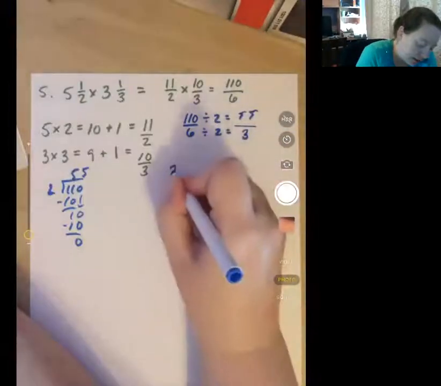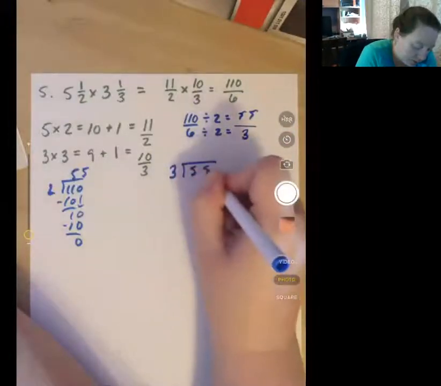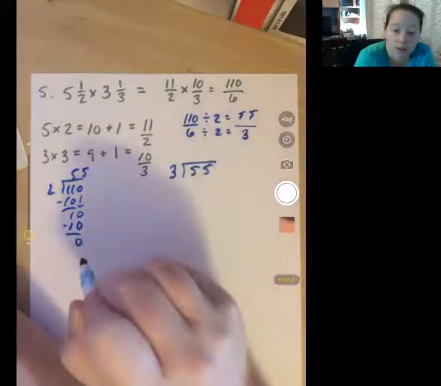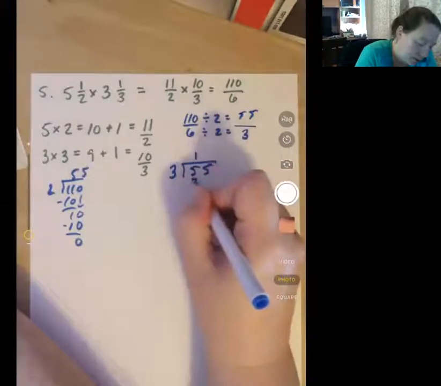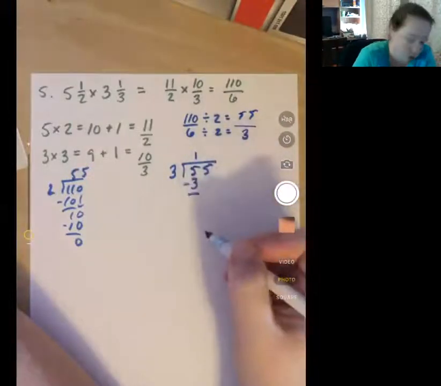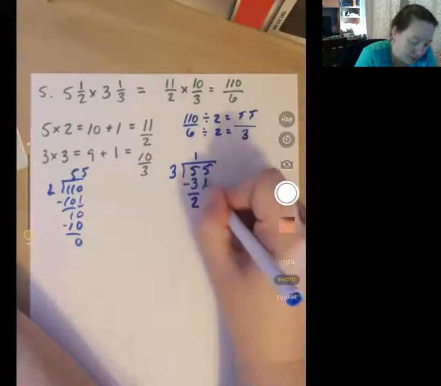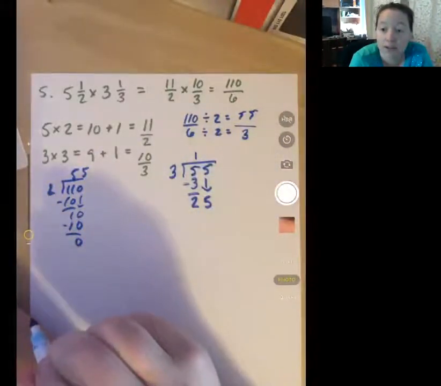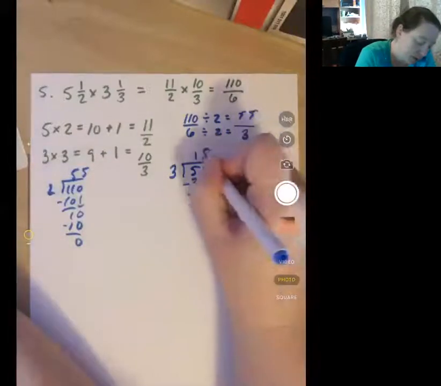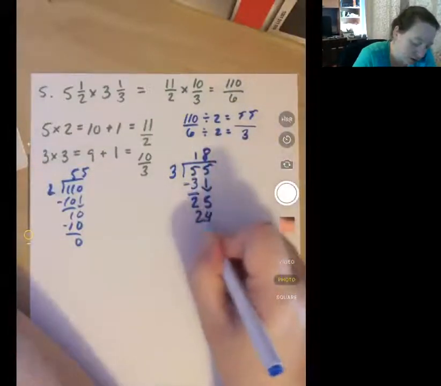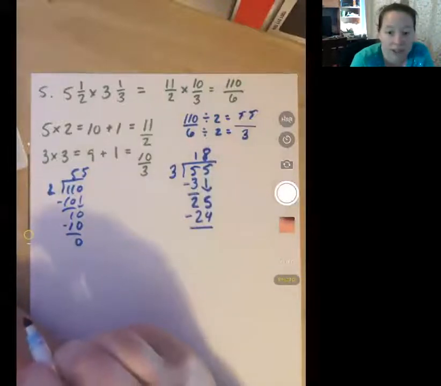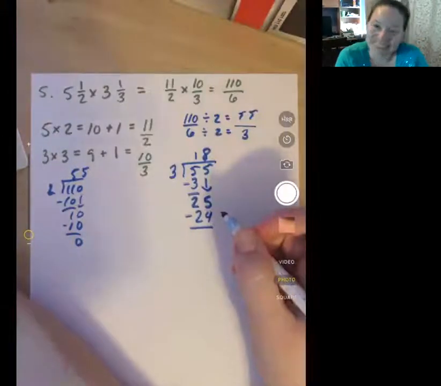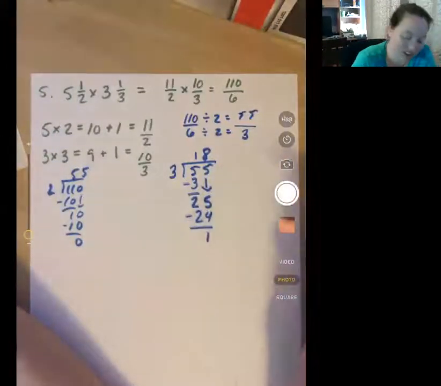So let's divide that out. 3 into 55. 3 goes into 5 one time. 5 minus 3 is 2. Bring down the 5. 3 goes into 25 8 times, because 8 times 3 is 24. 5 minus 4 is 1. 2 minus 2 is 0.